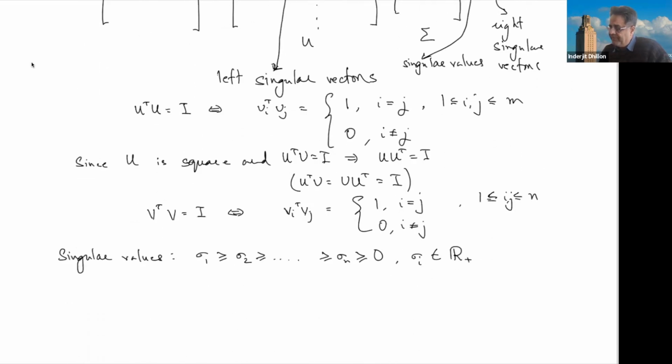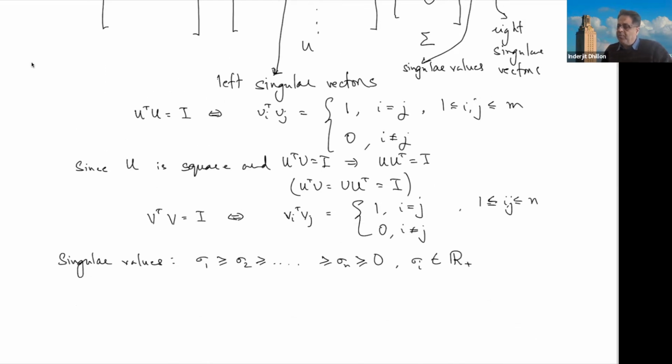Okay, so that's the singular value decomposition. And let's talk a little bit more about the singular value decomposition. If A is equal to U sigma V transpose, this means that if I multiply both left-hand side and right-hand side by the matrix V, then I get A times V is equal to U sigma V transpose V. And since I know that V transpose V is the identity, this is equal to U sigma.